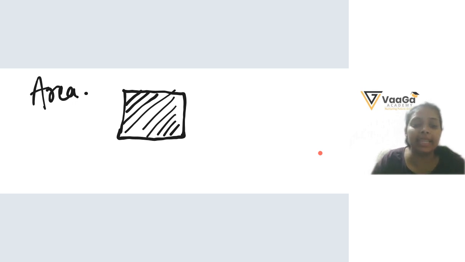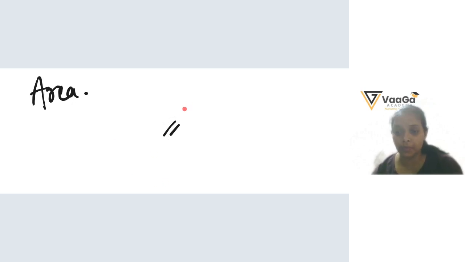Basically, what we do in area is we multiply two of the sides. So when I say I have to find the area of a square, this is the square I have, right? All the sides are equal in this. So can I say that one of the sides is A?